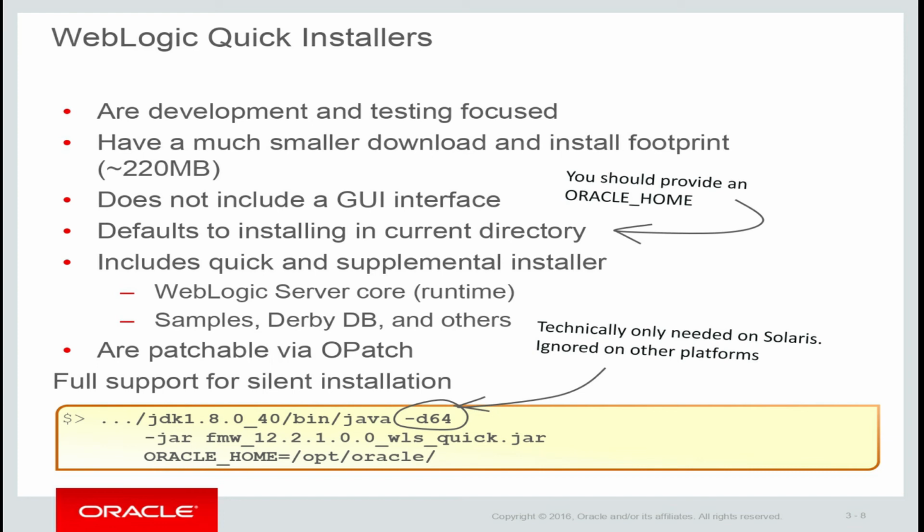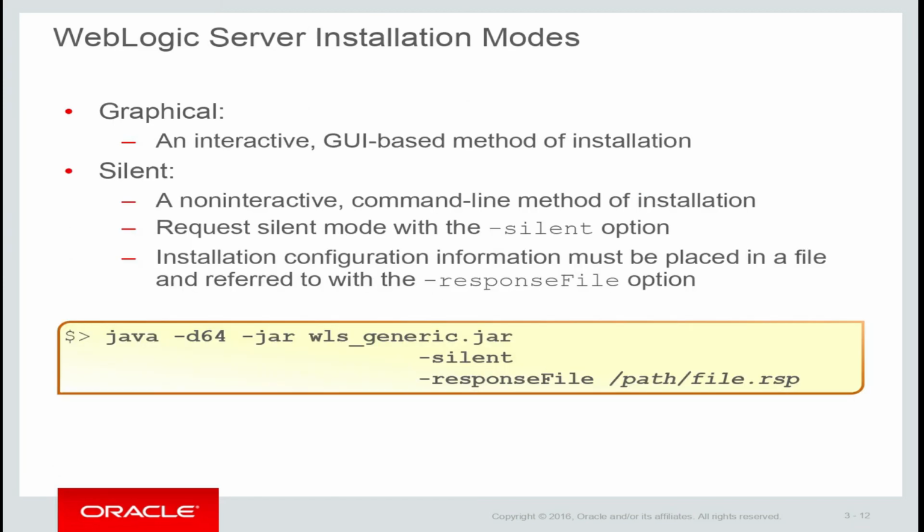How do you install WebLogic? First of all, see this command. We have to install the JDK on Windows, the Windows version of the JDK, and from there come to the command prompt.